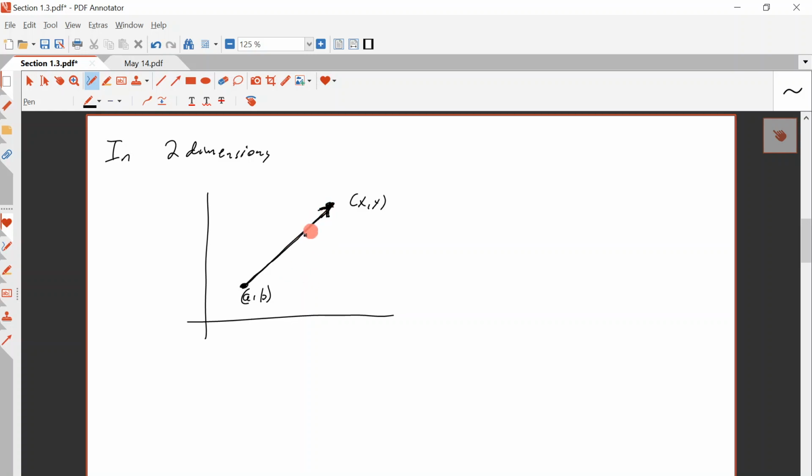One point is the head, and the other point is the tail. Geometrically it looks like this, and the vector v in this case is head component minus tail component, head minus tail.